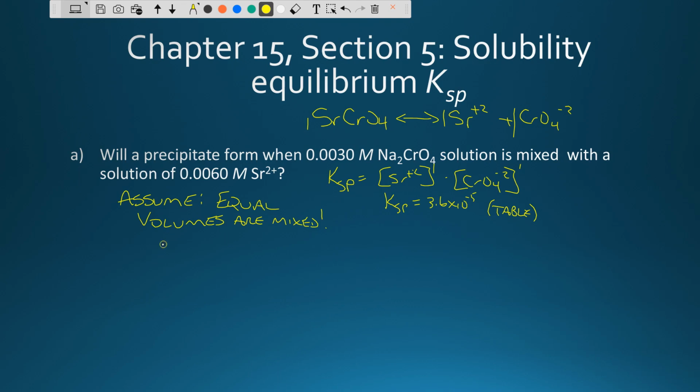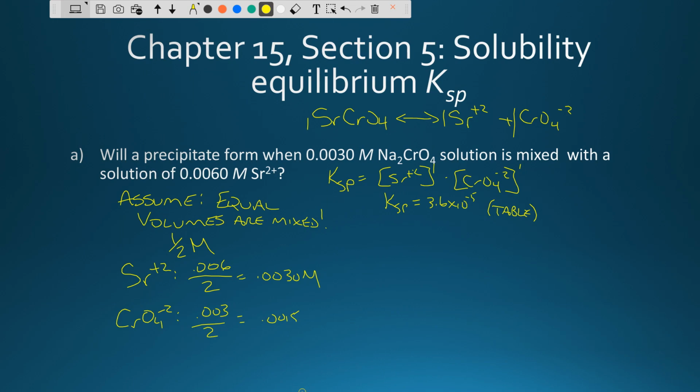If we do that, that means that it actually splits my molarity in half. That will give me half the number of moles. So my strontium in this case is going to end up being 0.006 divided by 2, and that gives me 0.0030 molar solution. And my chromate, CrO4 negative 2, is going to do the same. 0.003 divided by 2 gives me 0.0015.